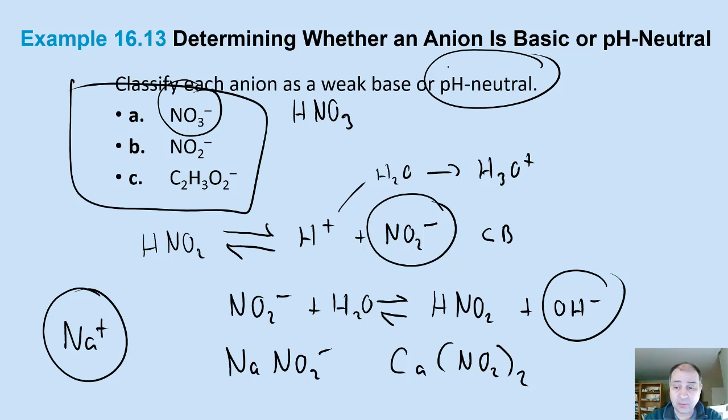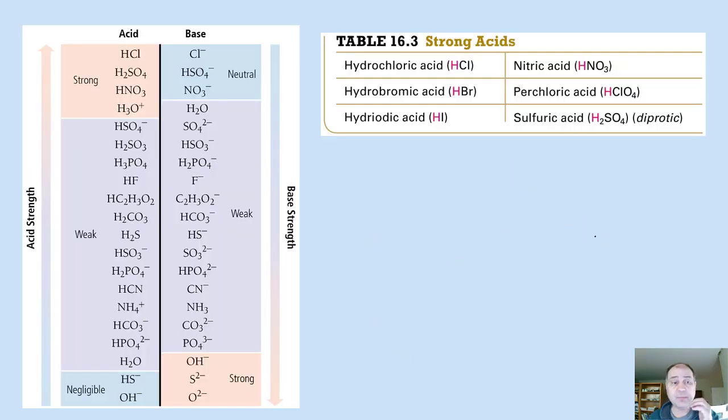Nitrite, we already established, is going to have a basic solution, a pH larger than 7, and then acetate is the conjugate base of acetic acid, which is weak, so it will act as a weak base because it is a conjugate base of that, all right? And you can actually calculate the Kb of that, because this would have a Kb, and I'll show you how to do that here in a minute.